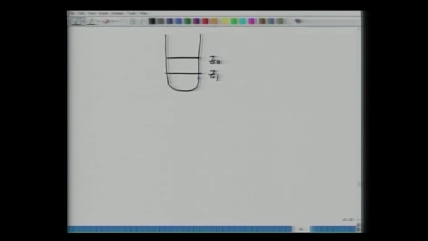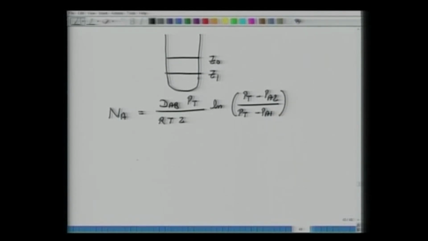We already obtained the expression that NA equals DAB PT over RT Z ln of (PT minus PA2) over (PT minus PA1). When we obtained this relation, we said it's a steady state.